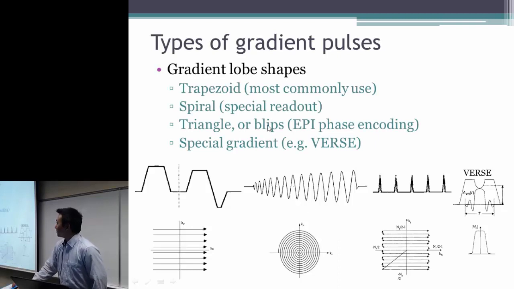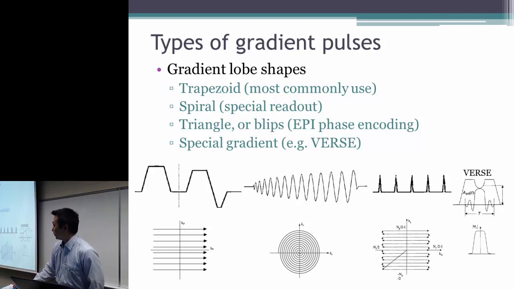Okay, if we divide the gradients according to their gradient lobes, usually we have the trapezoidal gradient lobe that is most commonly used. They're used for readout, slice selection, and phase encoding.